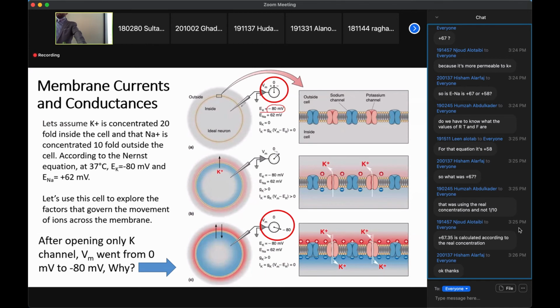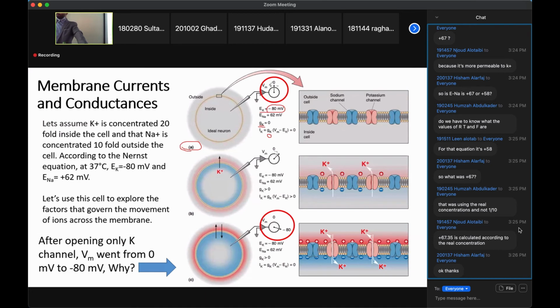Now, in this example here in A, there are no channels open. And so the conductance for potassium would be equal to 0. And so if we fill in the formula that we have, basically the conductance is 0, okay?